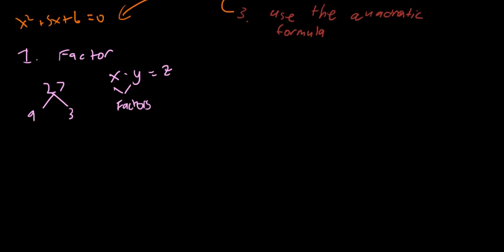So like that, we're going to do the same thing for this quadratic equation. How would we do that? Well, we just have to ask ourselves one question. So let's write this out.